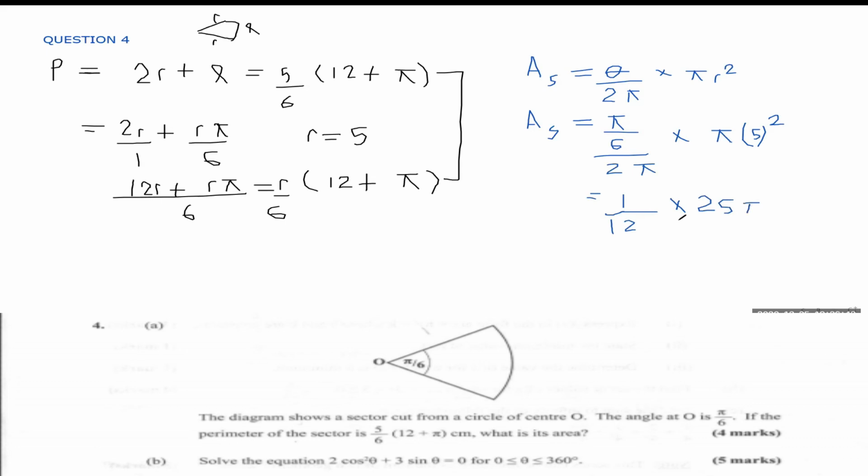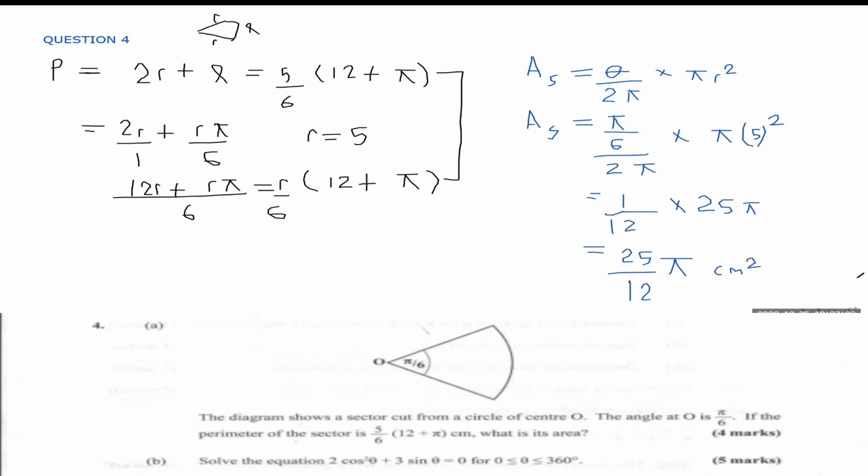Some persons might want to write it a little bit better and say, well, that's just 25 over 12 pi. That's the area of the sector, 25 over 12 pi. And remember, area is always centimeter square in this case.